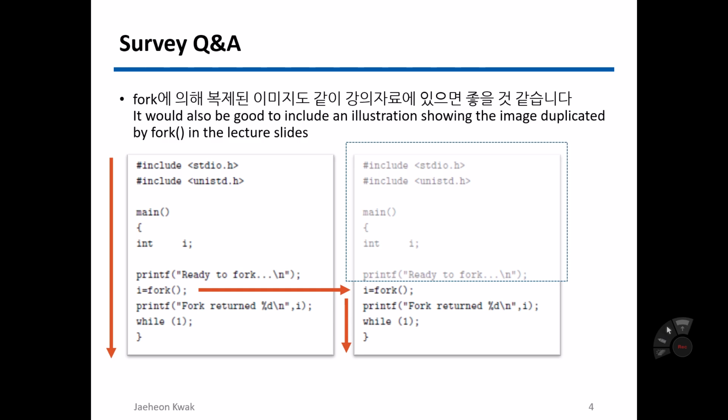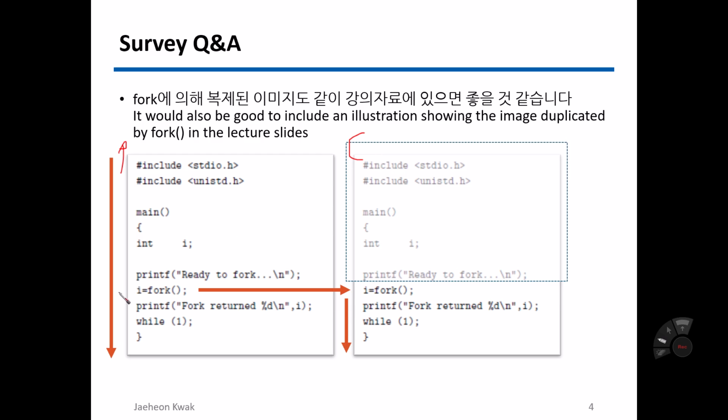One student requested to include some illustrations showing the fork functions. So I prepared it. If you see these figures, I think it would be better to understand the flow of this C code example. This is the parent process, and this one is the created child process.